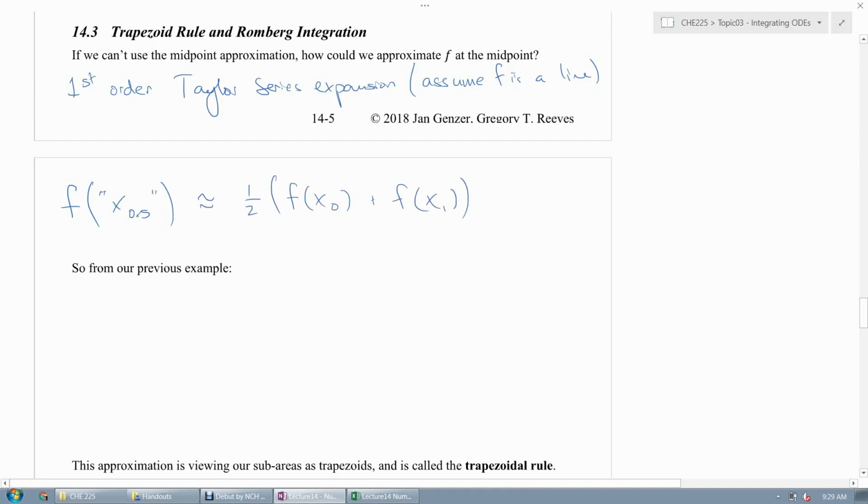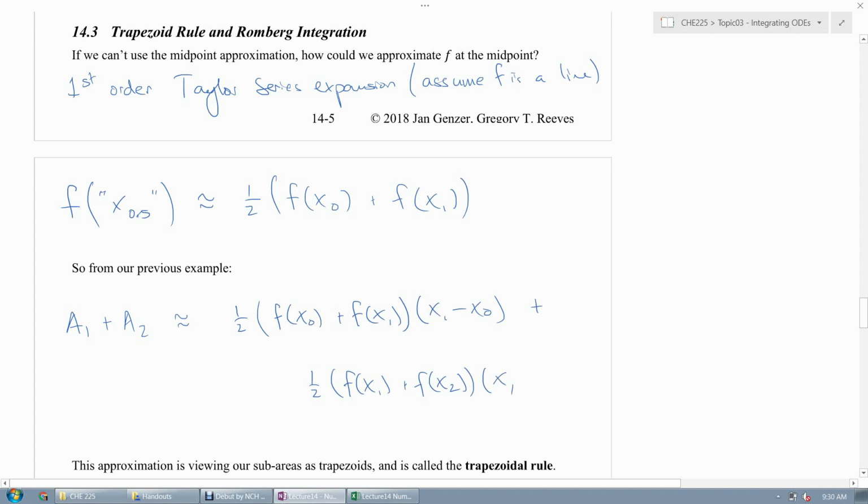So from our previous example, when we wanted to evaluate the integral at points x0, x1, and x2, our two areas, area 1 plus area 2, is now approximately equal to 1/2 f of x0 plus f of x1 times the interval x1 minus x0, plus 1/2 f at x1 plus f at x2 times the interval x2 minus x1.